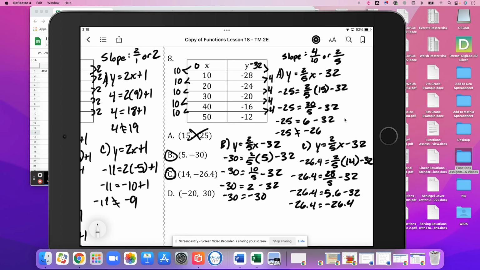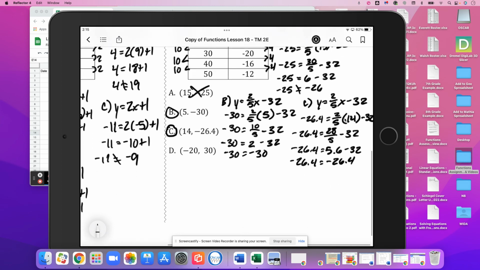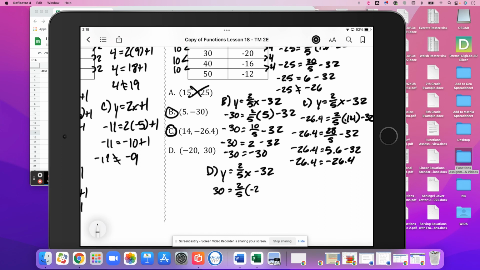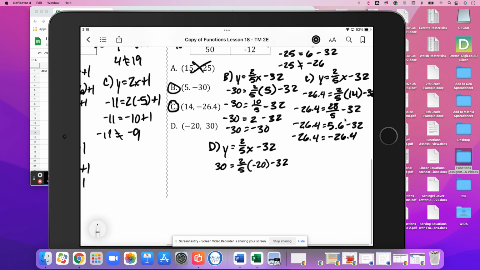I'm still working. Okay, we got one more to test, guys. We got D. So let's take a look at D here. We've got y equals 2/5 x minus 32. And we've got 30 is equal to 2/5 times negative 20 minus 32. 30 equals negative 40 over 5 minus 32.